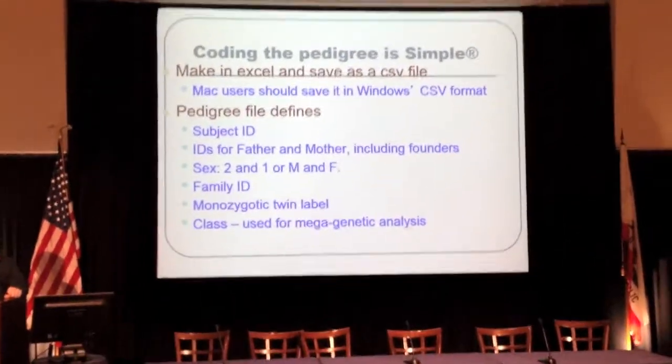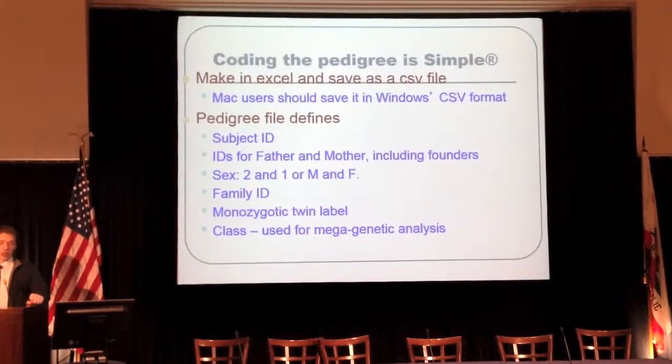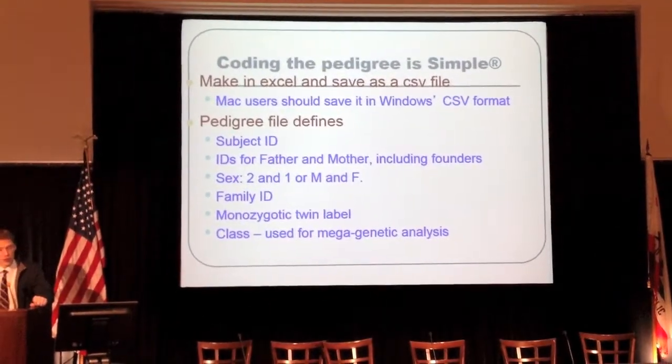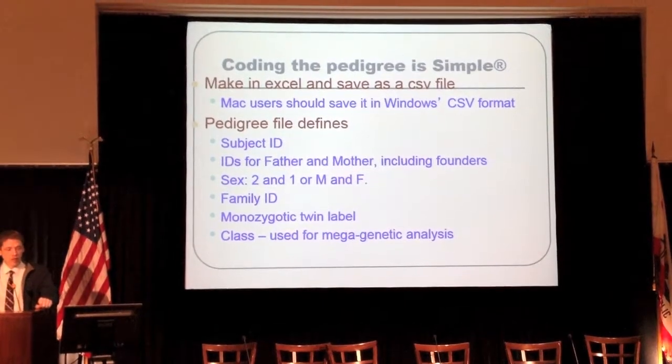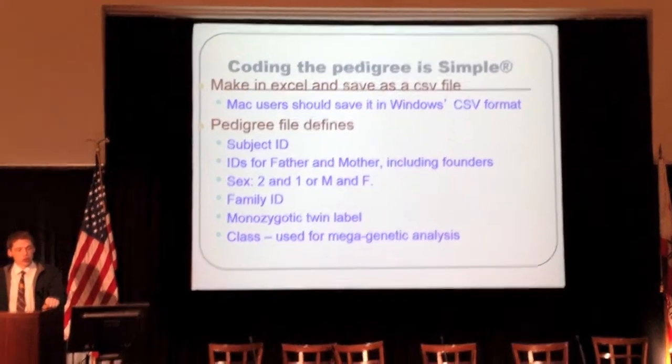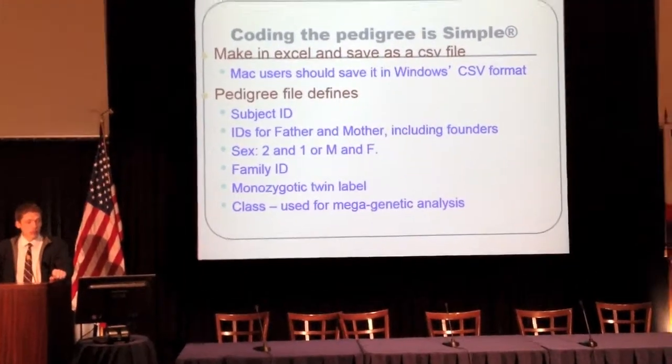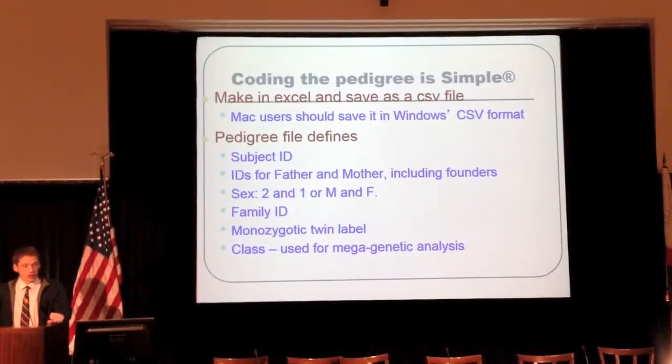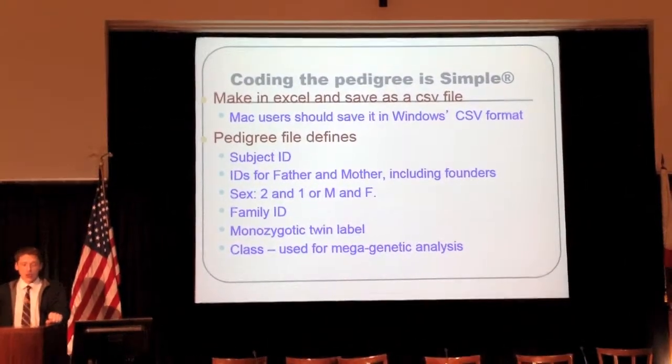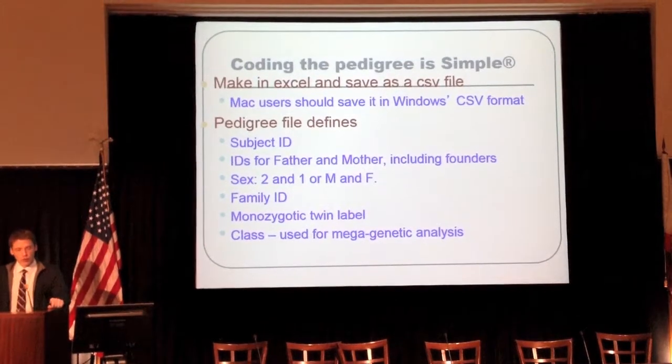The pedigree file must define a subject ID. The subject ID is later going to be used for your phenotype files, and that's the way you link your pedigree to your phenotypes. Then you include IDs for fathers and mothers, and that also includes founders.